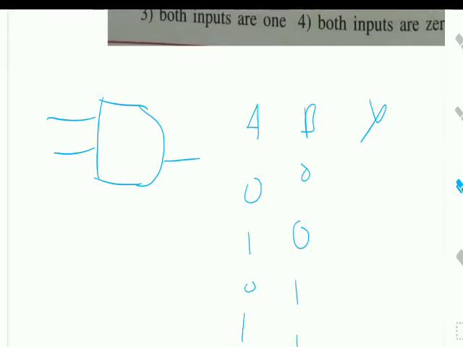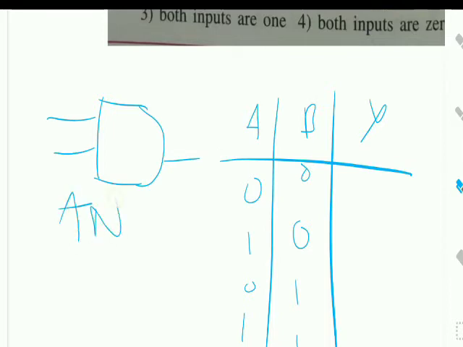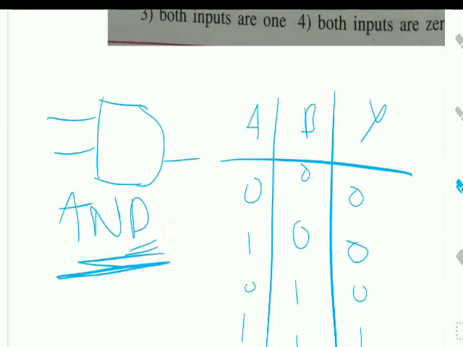Here AND means dot: 0 dot 0 is 0, 1 dot 0 is 0, 0 dot 1 is 0, 1 dot 1 is 1. So this is the AND gate. AND means dot, nothing but multiplication.